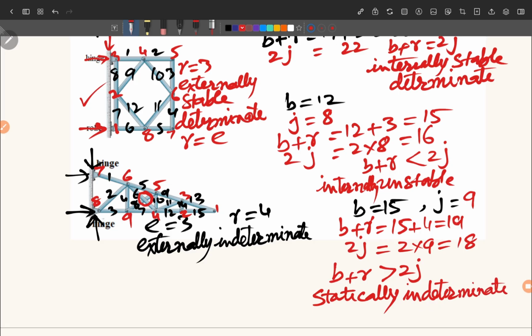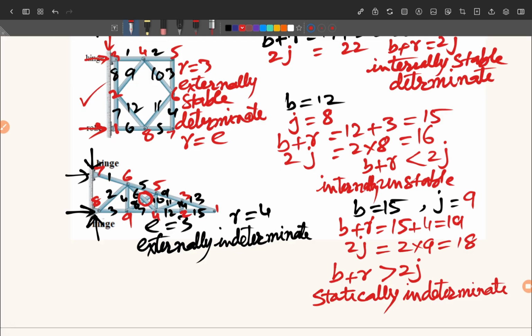So now you've seen, with the help of these explanations, I hope you have learned how to calculate the degree of indeterminacy of any structure, whether it is a truss or a beam. The previous lecture was about the beam.